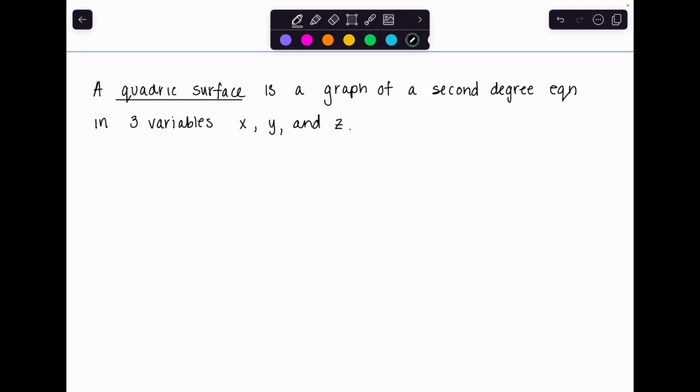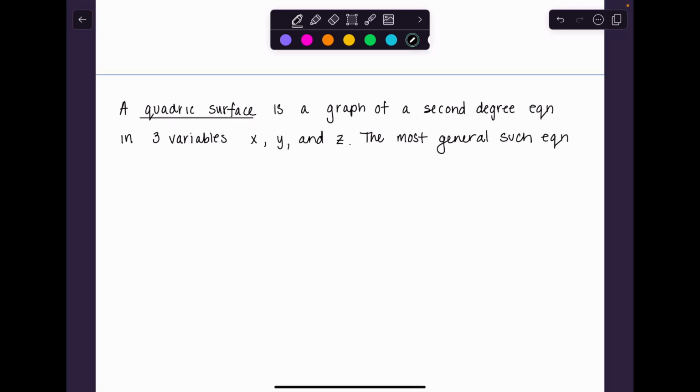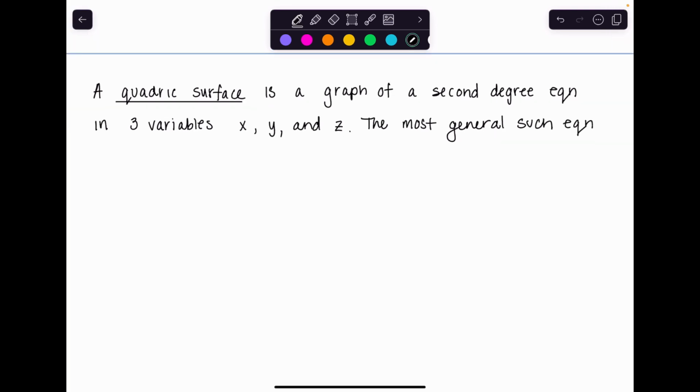The most general of these equations is going to look horrendous. So the most general such equation is the following. You're going to have some constant times x squared, a different constant, potentially, times y squared, and then something times z squared.